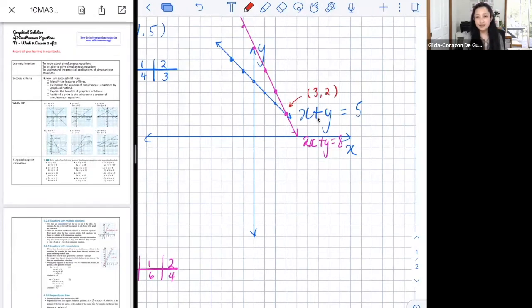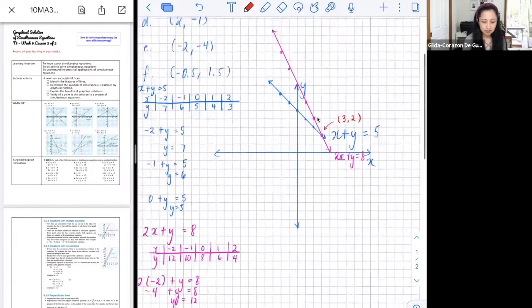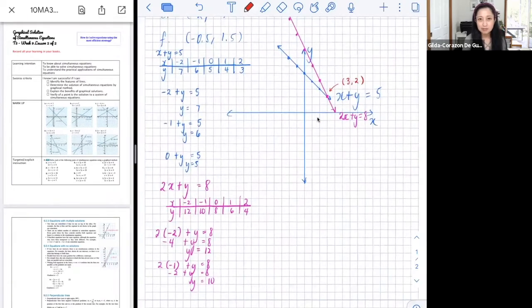Okay, yes. Now, don't you feel that that was a really long process when you're graphing these lines, when you use your table of values? It's actually what you call the brute force of graphing lines or sketching these graphs.